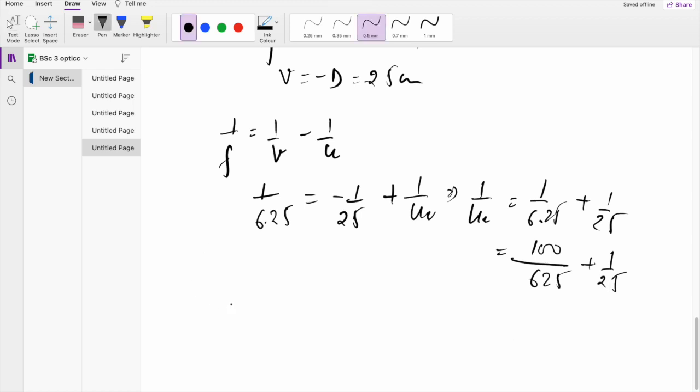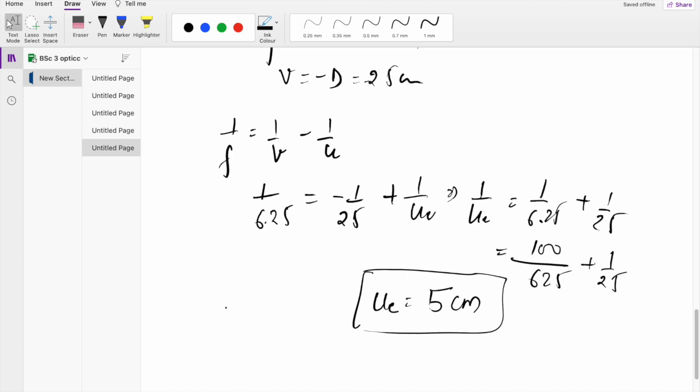If we calculate this, UE becomes 5 centimeter. So the object for the eyepiece is 5 centimeter.